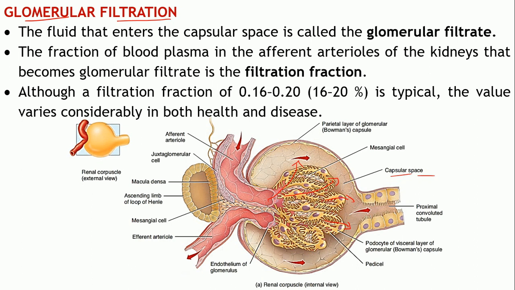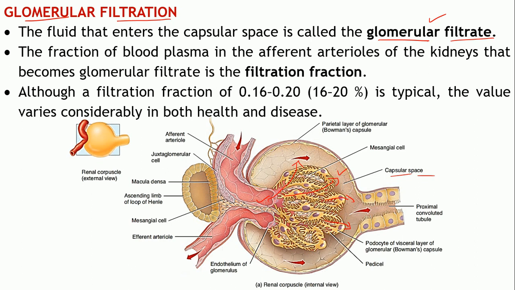So, this particular fluid which is getting filtered into this renal corpuscle, the one which is entering into your capsular space, is called glomerular filtrate. The fraction of blood plasma present in the afferent arterioles of the kidneys, which ultimately gets converted into the glomerular filtrate by the process of filtration.